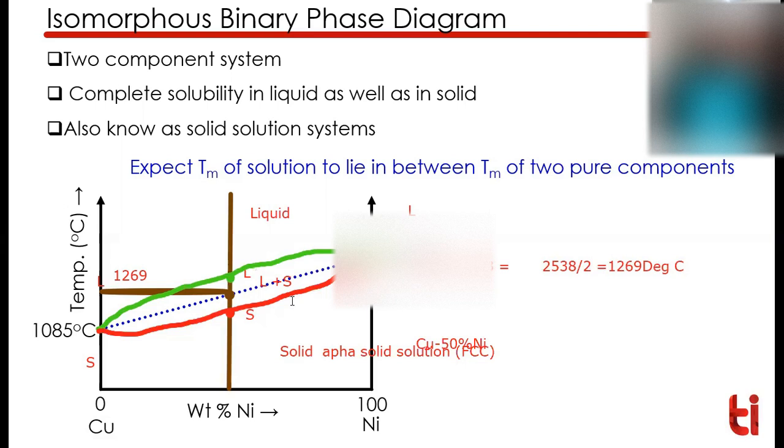If you remember, liquid is a single phase above, and below also we have a single phase, which is solid. But in the middle between these boundaries we have two phases, one liquid and one solid. Okay, let me clear this and we'll continue.